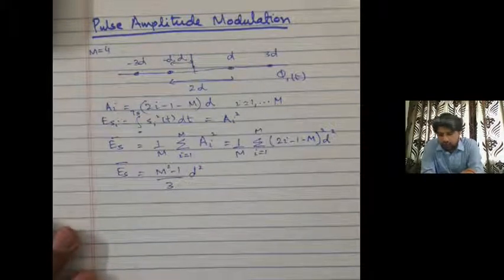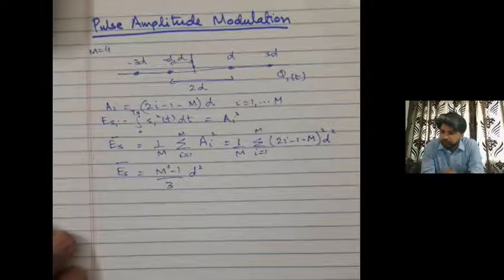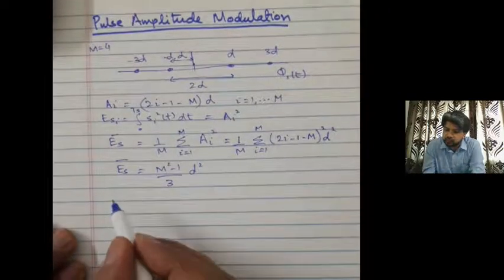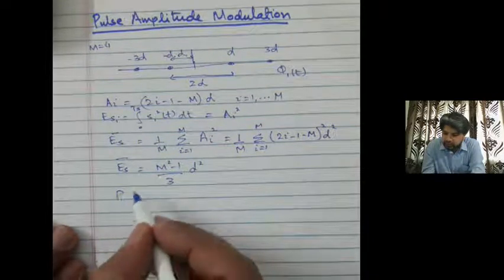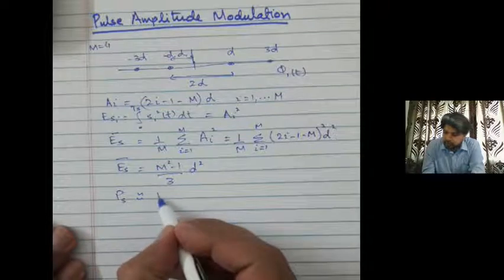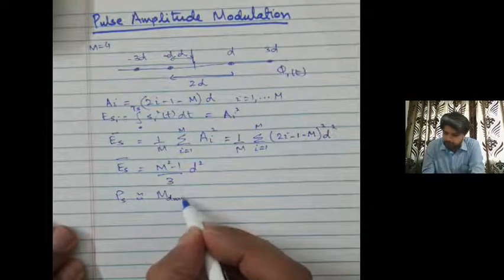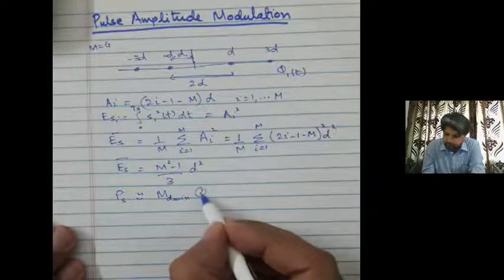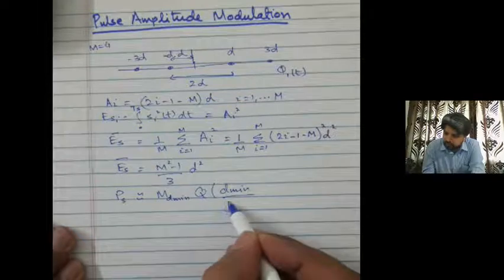So now if you want to compute the error probability, you can make use of what is called the nearest neighbor approximation. And remember, the nearest neighbor approximation said that your symbol error probability is approximately equal to the number of nearest neighbors times the Q function of d min over root 2 N naught.